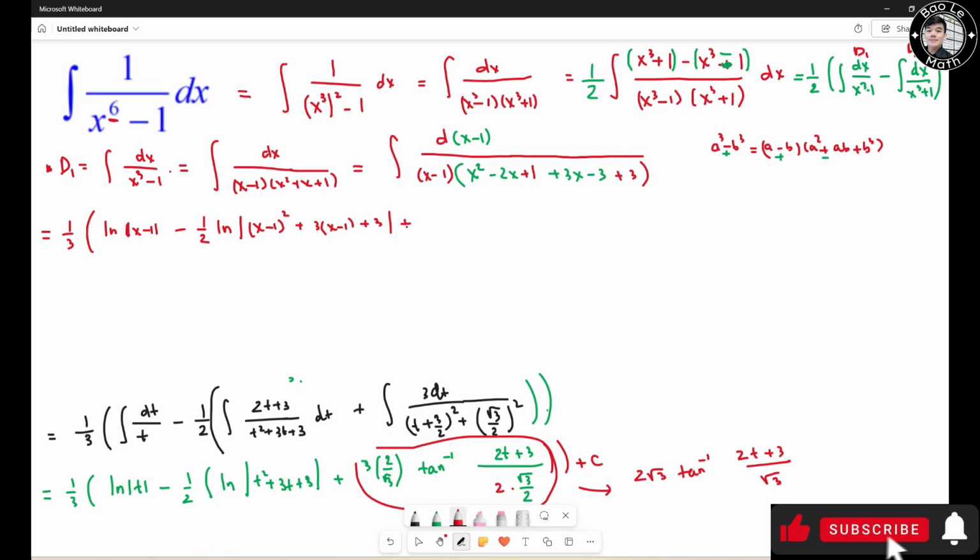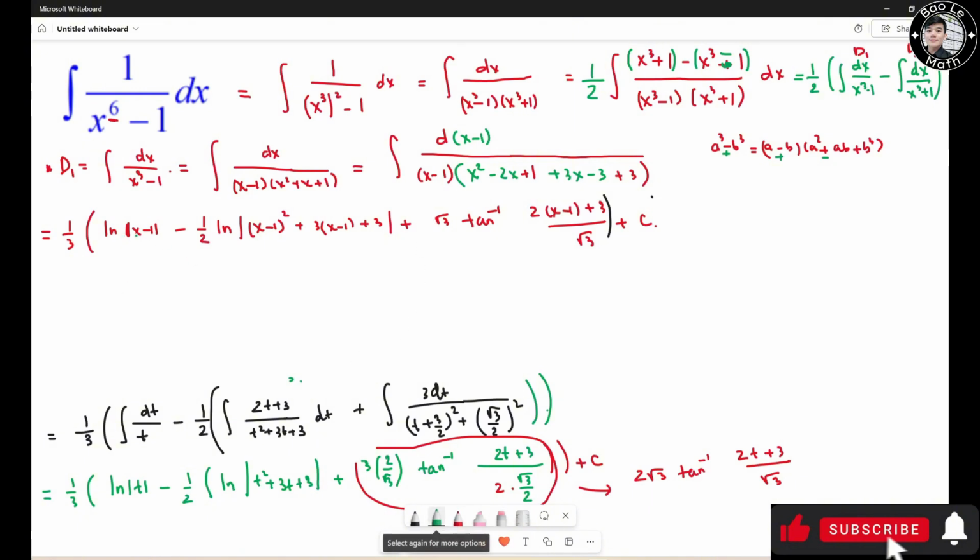And then plus 2 root 3 tangent inverse of (2 times (s minus 1) plus 3) over root 3 plus c, right? Now I add this 1/2, so this turns out to be 1/2 multiplied by this, and then this turns out to be root 3 only, right?